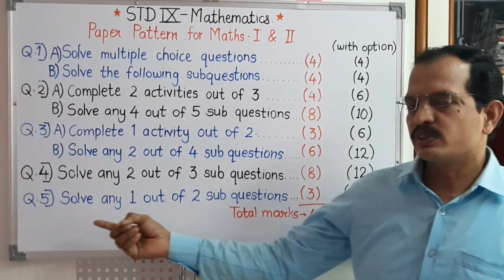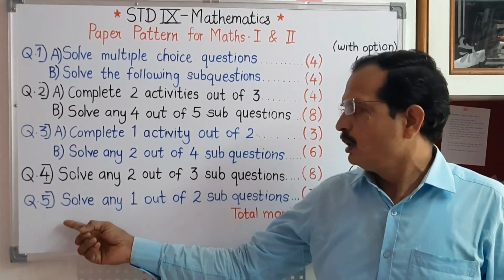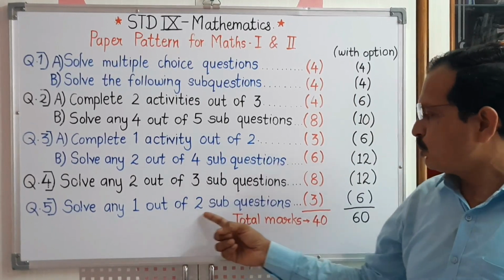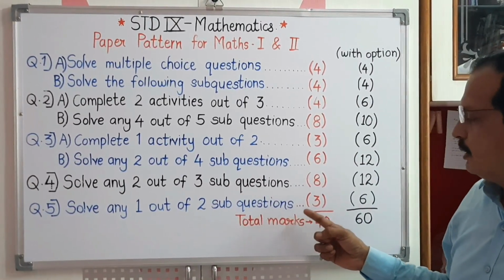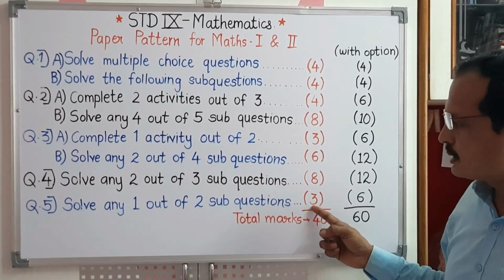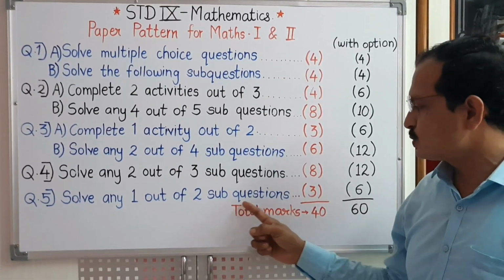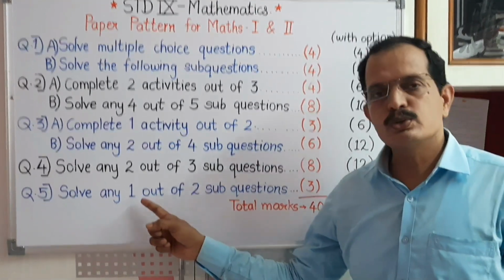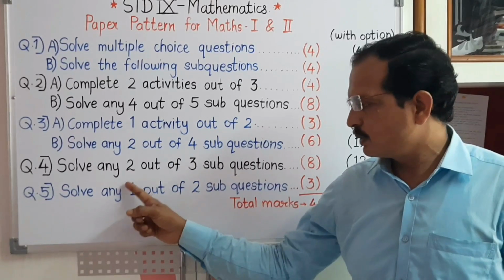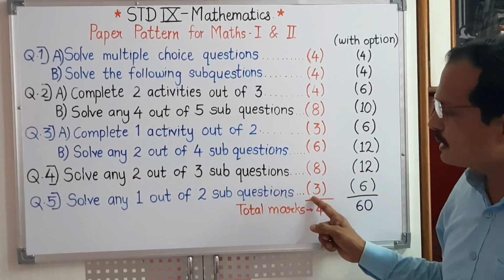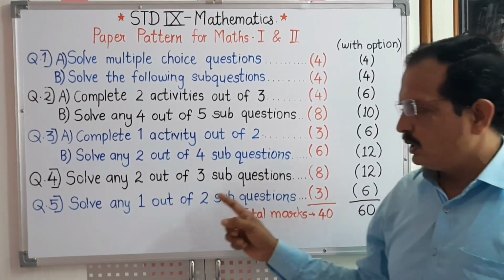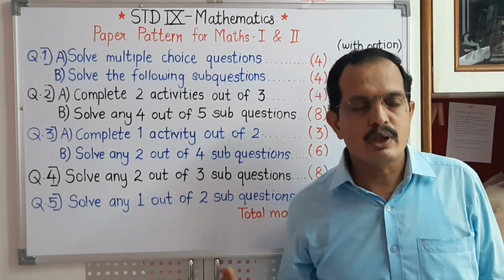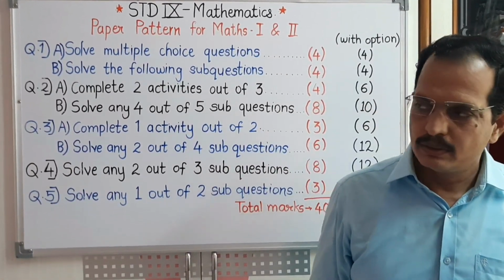Similarly, there is question number 5. Solve any one out of 2 sub questions, and the question carries 3 marks. 2 sub questions will be given and you have to solve one question. That means that one question carries 3 marks. Now, in this case, some creative types of questions will be asked.